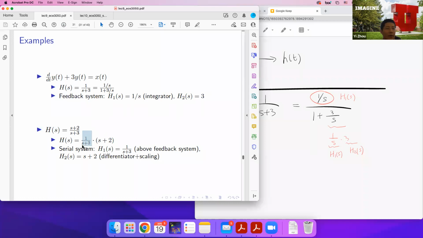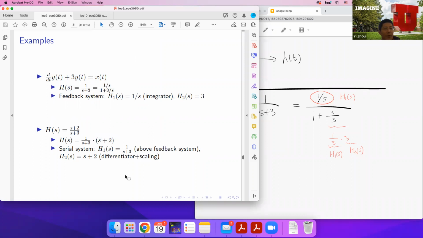We can view this as H1 and this as H2. So H1 is 1 over S plus 3. This is the feedback system that we mentioned in this example. So the first system is this feedback system. And the second system is H2(S) equals S plus 2.